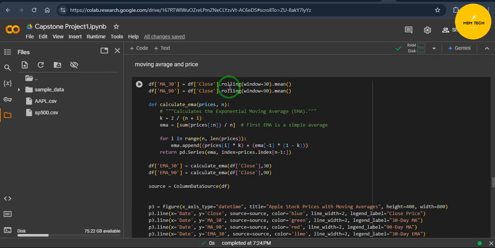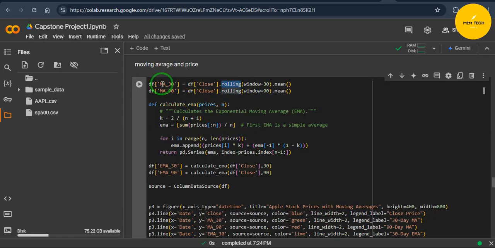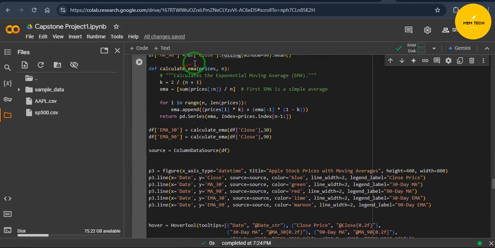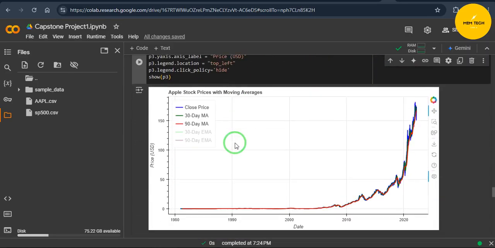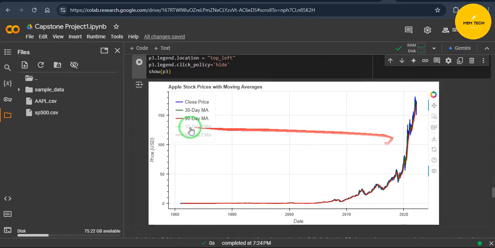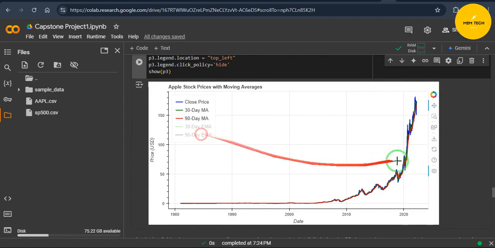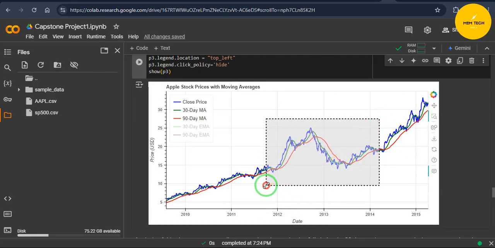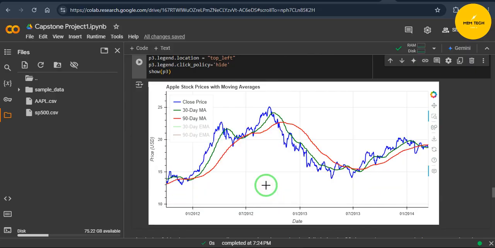I used the rolling function to find the moving average, and I defined a function here to calculate the exponential moving average, and then I plot them together. So we can see some trends here.